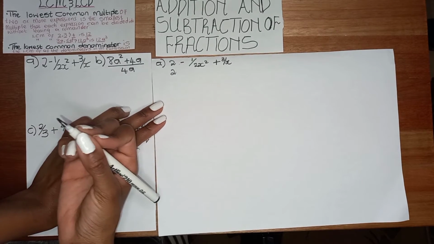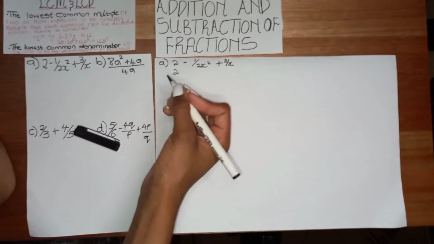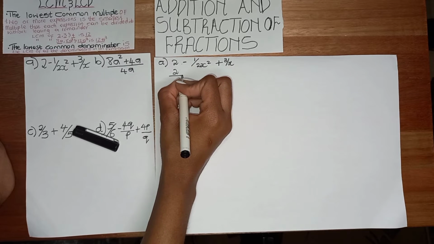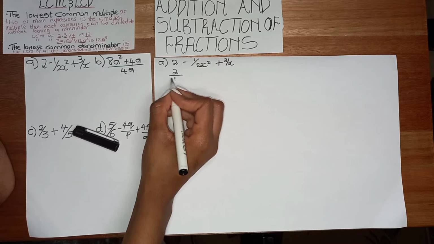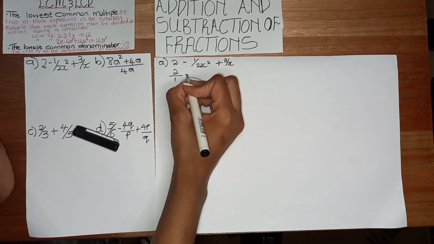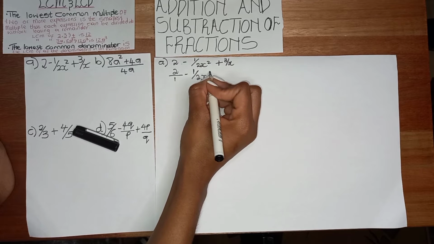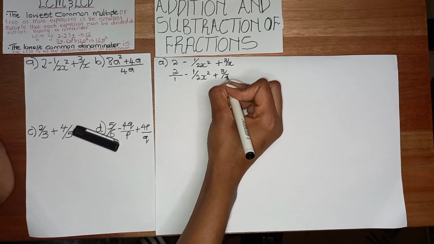Whenever a number or a variable doesn't have a denominator and you are dealing with fractions, you just put the denominator as 1 because 1 won't affect the value of the term. So 2 over 1, minus 1 over 2x squared, plus 3 over x.